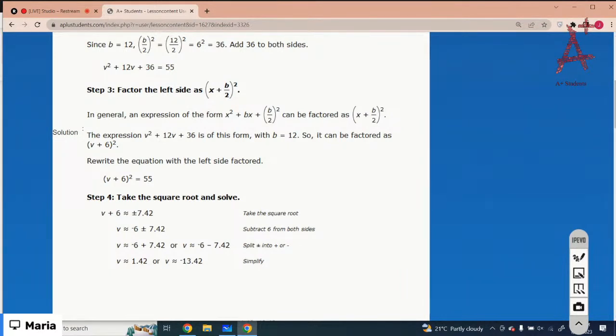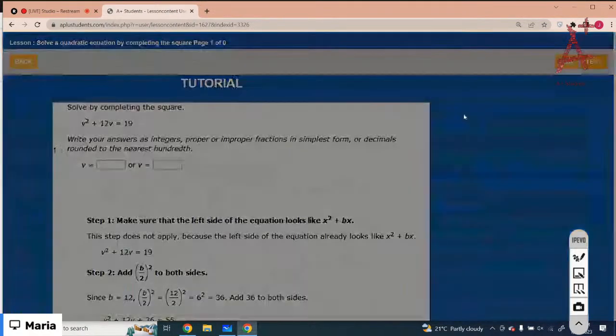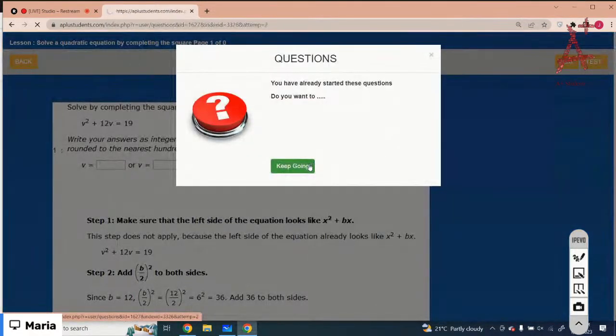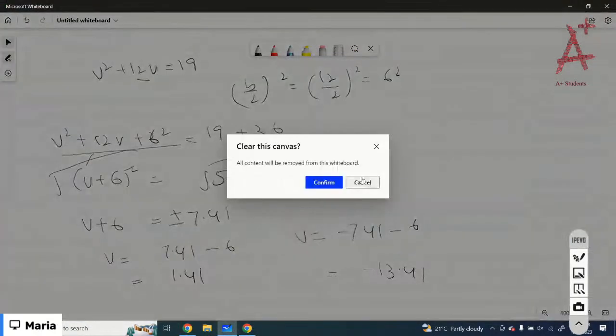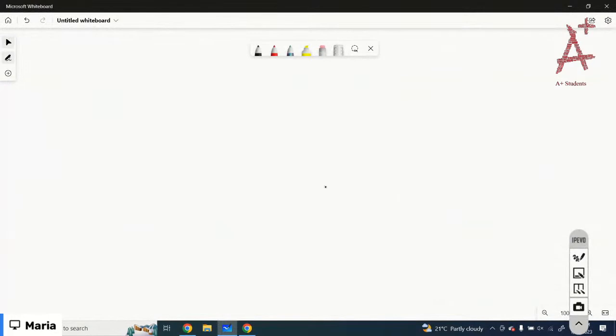Okay, let's just do the practice question. K square plus 10k plus 9 equals 0.